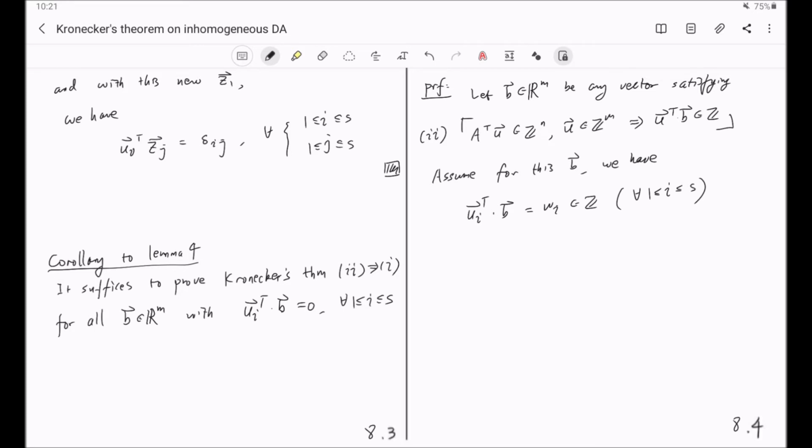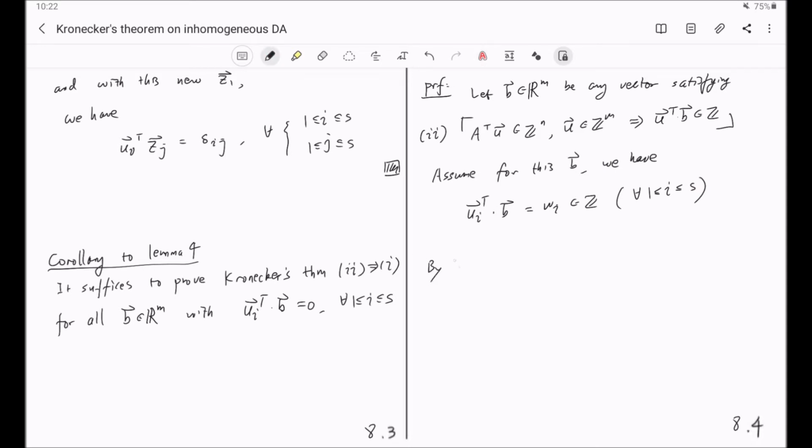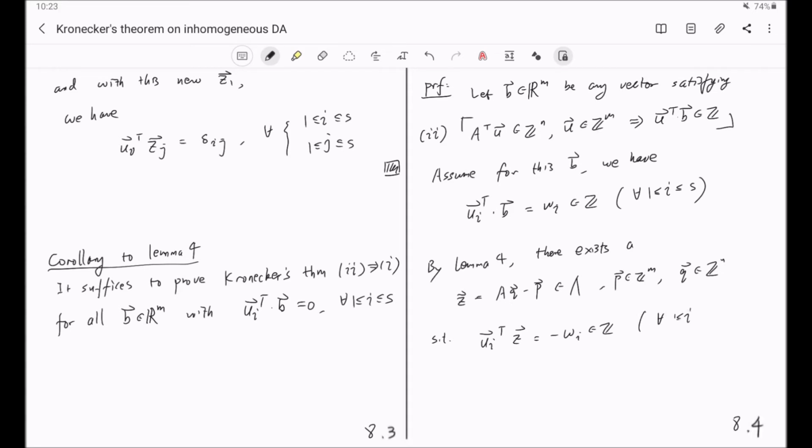And now, by lemma 4, here's our lemma 4, we're able to find a vector in lambda such that, so by lemma 4, there exists a z written as Aq minus p in lambda, where p is in Z^m, q is in Z^n, such that U_i^T times z is equal to negative w_i, which is in Z, for any i greater or equal to 1 less than or equal to s.